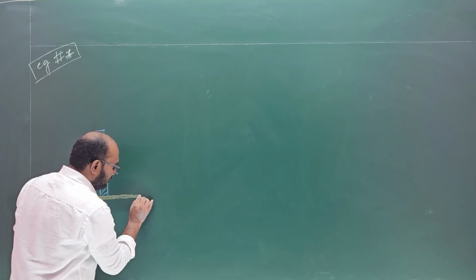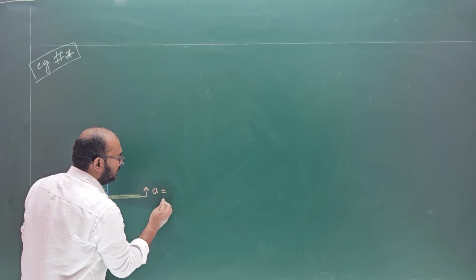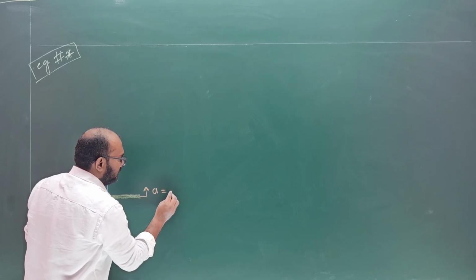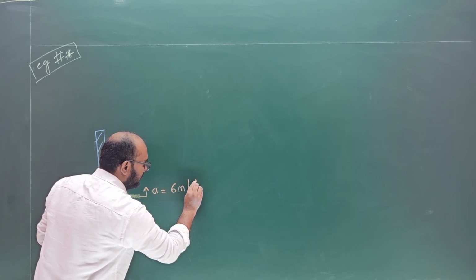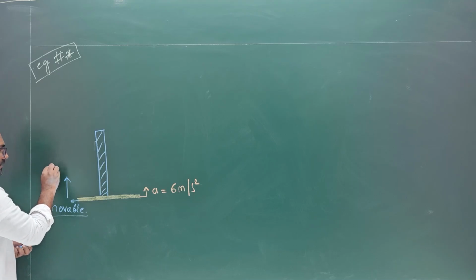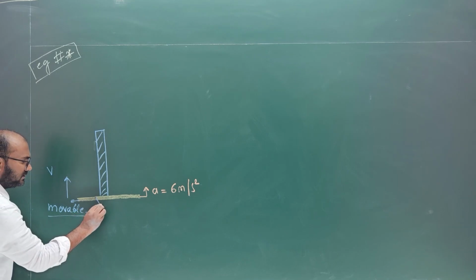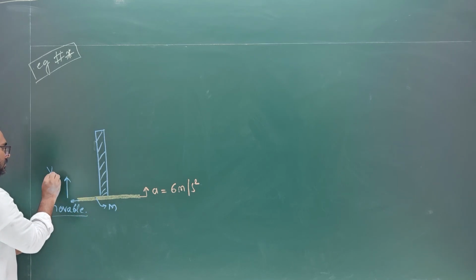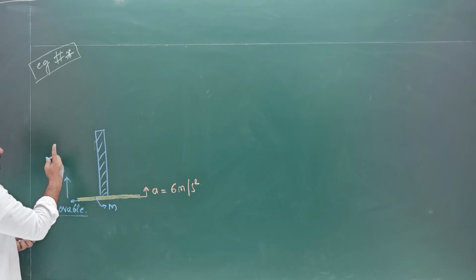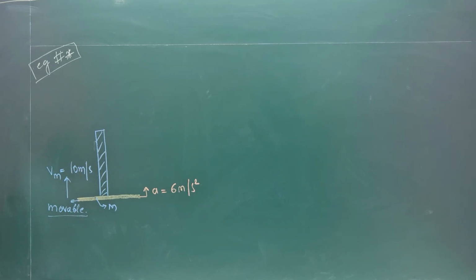This surface is accelerating in the upward direction at 6 meter per square second. And it has a velocity in the upward direction. Let's say the movable surface is M. So the velocity of M is in the upward direction, that is 10 meter per second. Got my point till here?